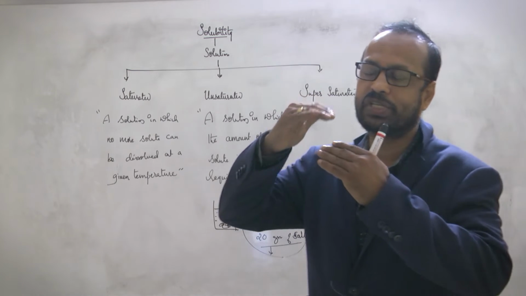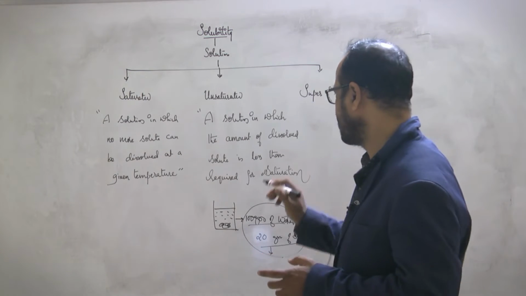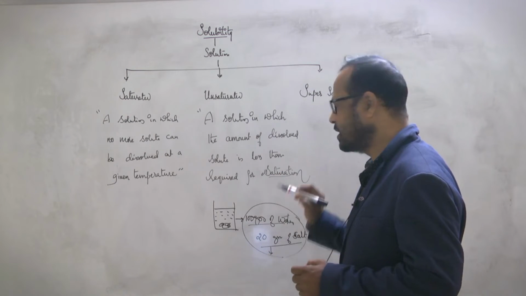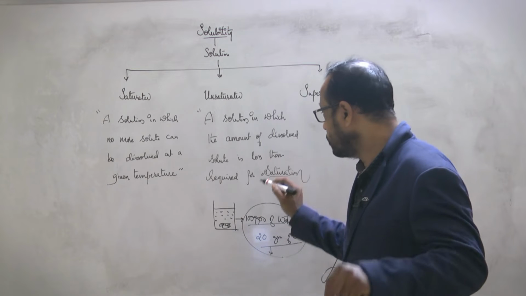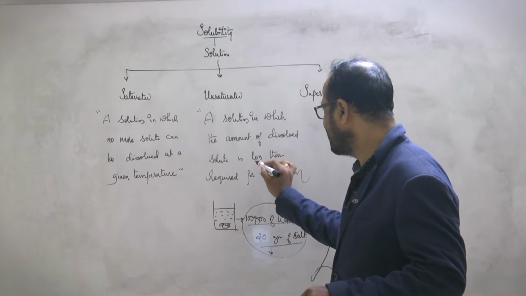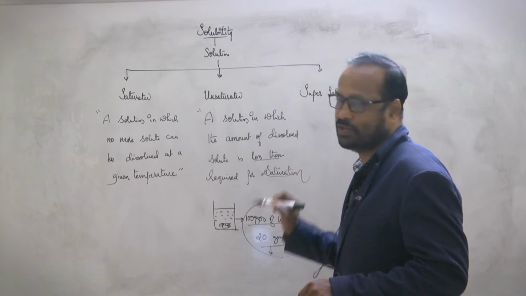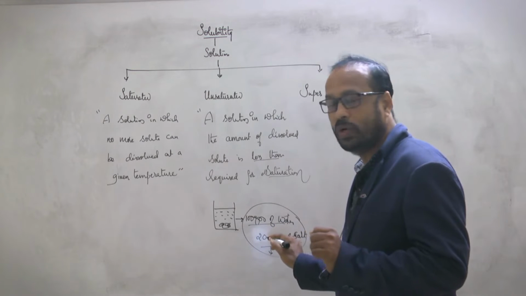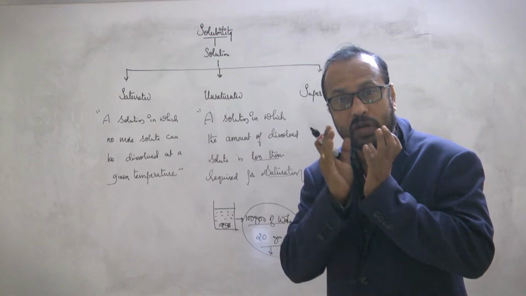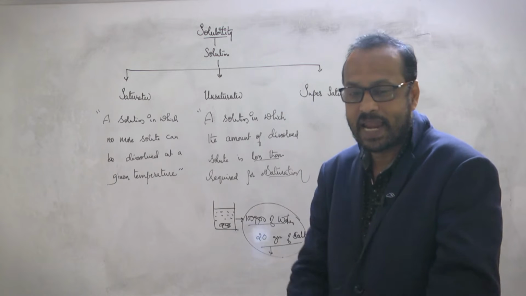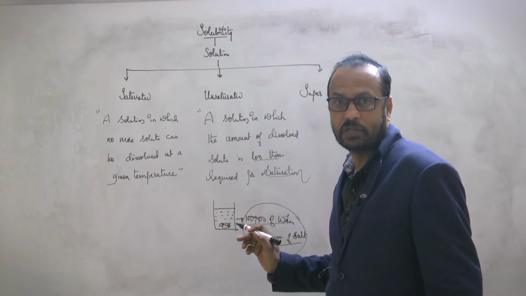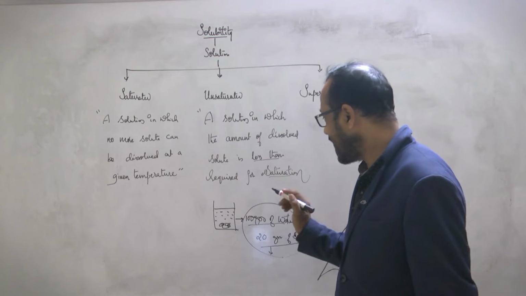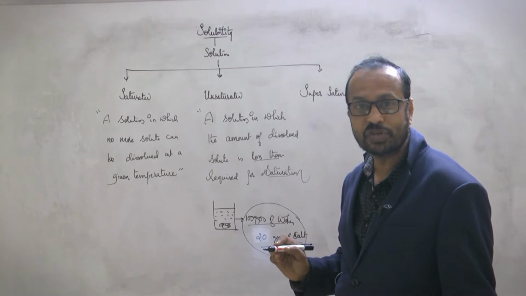For saturation it requires 36.5, but the amount of solute is 20. The meaning is that it is less than required for saturation. So the amount of solute present is less than required for saturation, so that is called an unsaturated solution.